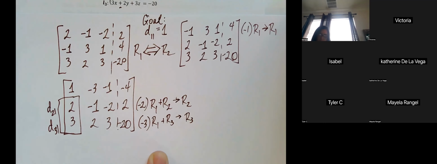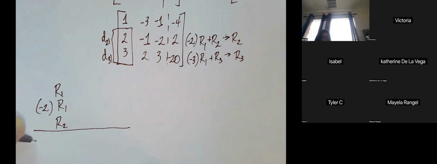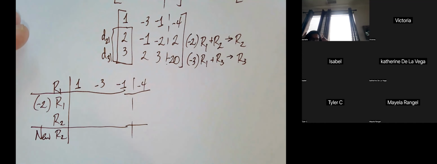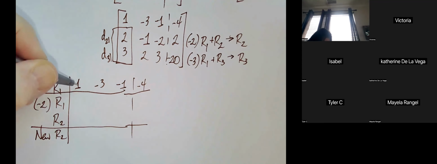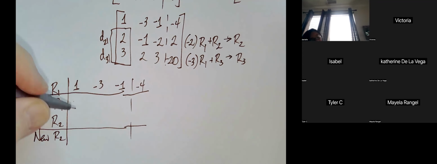So we've got row 1, -2 times row 1, row 2, and the new row 2. Row 1 is 1, -3, -1, -4. And what is -2 times that row? Oh, I see, you're adding, you're ahead of me.